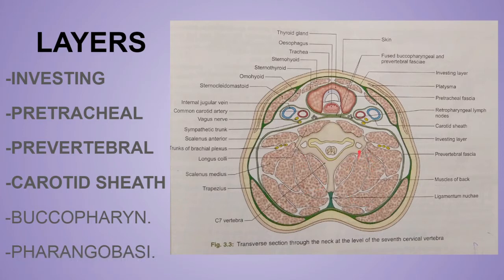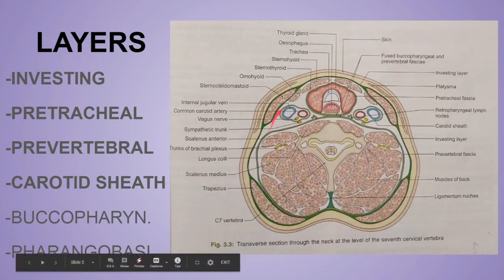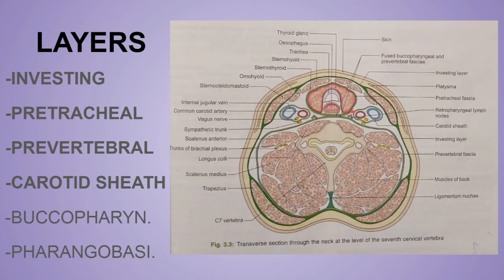In front of the thyroid gland are the infrahyoid muscles: the sternohyoid, sternothyroid and omohyoid. So in short, this is the investing layer covering this whole part. This is the pretracheal fascia, mainly covering the thyroid gland.